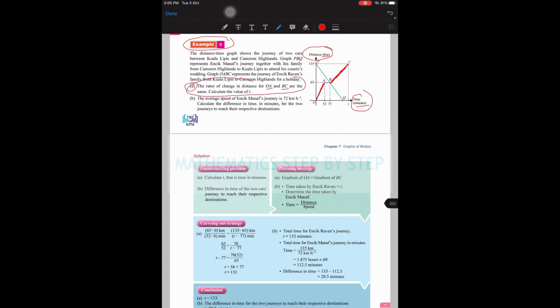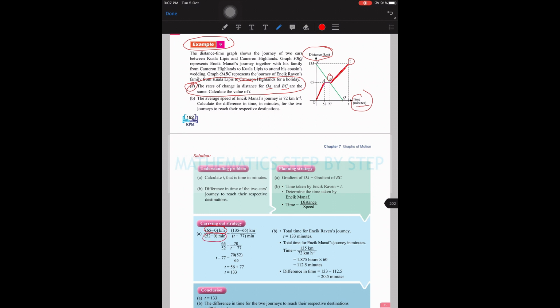So now calculate the value of T. We are going to find the speed for the first 52 minutes and also the speed from B to C. So we are going to find the gradient now. For the first 52 minutes, total distance traveled is 65 km, and time taken is 52 minutes.